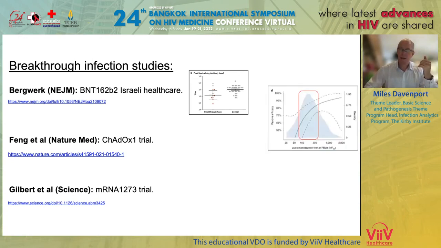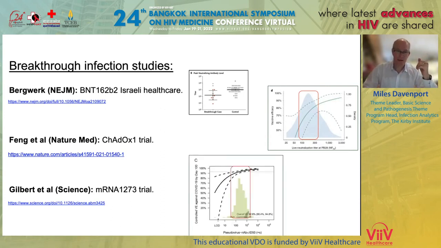Similarly, Feng et al. studied the AstraZeneca vaccine from the phase 3 trial, measured antibody levels before infection and looked at who got infected. And Peter Gilbert in Seattle did the same for the Moderna trial. And this is great. You can see that each of these found a similar relationship between neutralization titer and protection. The Bergwerk paper didn't actually try to fit this model, but the other two did.